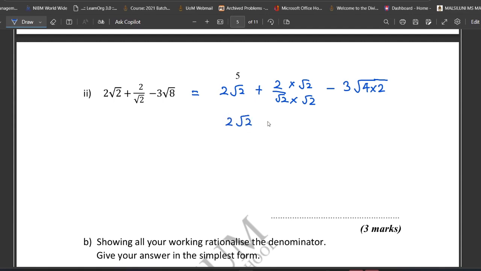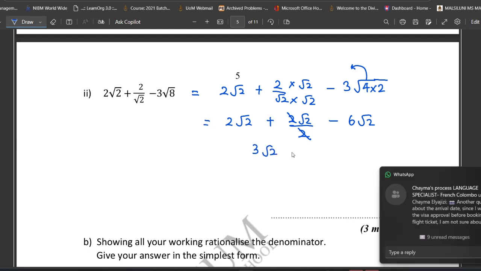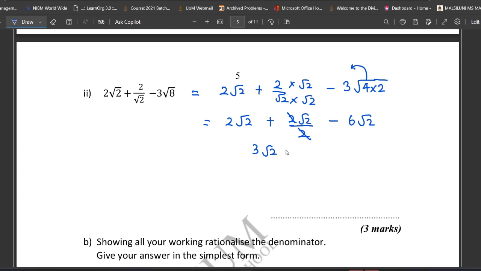So this is 2 times root 2 plus 2 root 2 over 2 minus, after 4 is coming out, it becomes 6 root 2. These two cancel out. So now we have 3 root 2 minus 6 root 2. So the result should be minus 3 root 2.